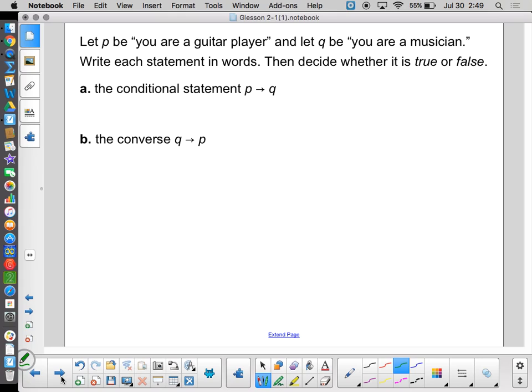So if P is "you're a guitar player" and Q is "you're a musician," write the statement in words and decide whether it's true or false. Now we're not only going to write it, we're going to determine whether it's true or false. P arrow Q, where P is you're a guitar player, would be: if you are a guitar player, then you are a musician.